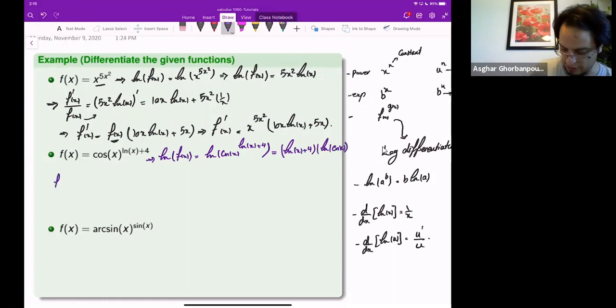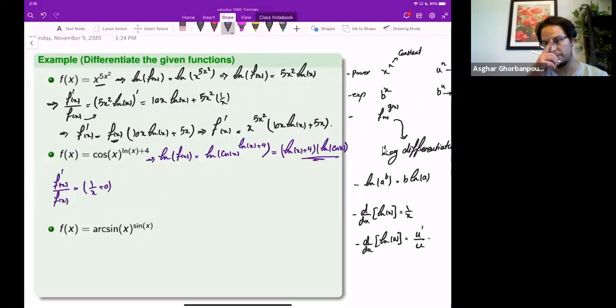Then differentiate both sides. f prime x over f x equals the derivative of ln x plus 4 times ln cosine x. This is a product of two things. Derivative of ln x plus 4 is 1 over x plus 0, times the second one, which is just ln of cosine x, plus the first one times the derivative of ln of cosine x.